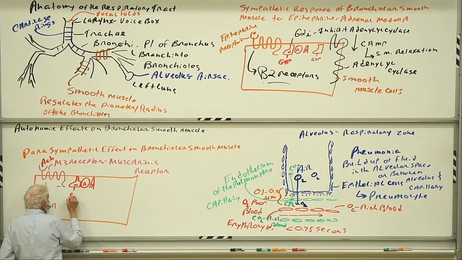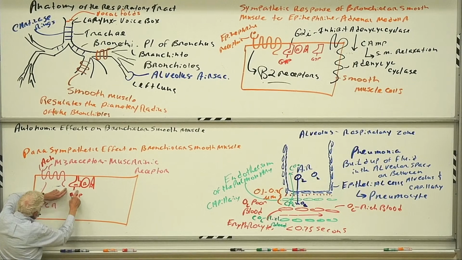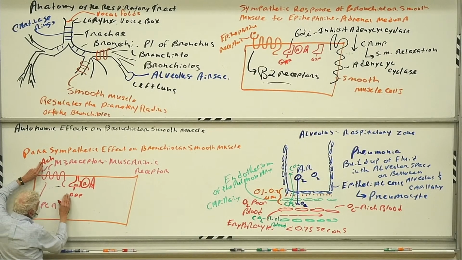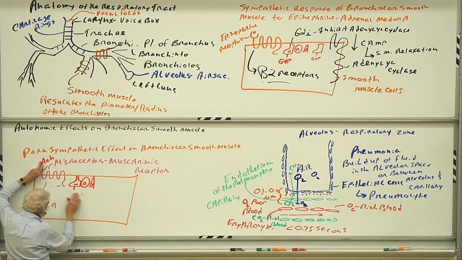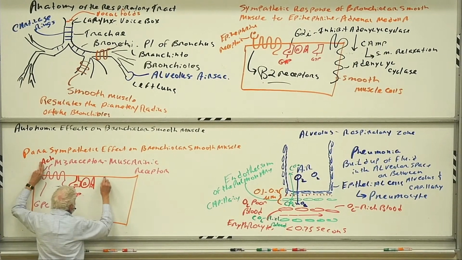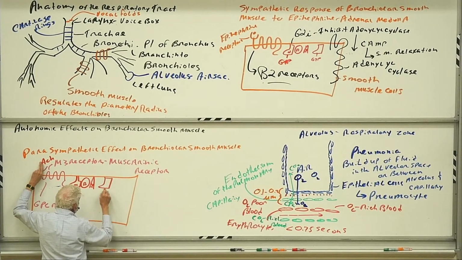It too contains a GDP. When the alpha subunit nestles into the binding site, which has been opened up by the binding of acetylcholine to this M3 receptor, the GDP comes off and is exchanged for GTP. Now we have this alpha subunit with GTP attached.